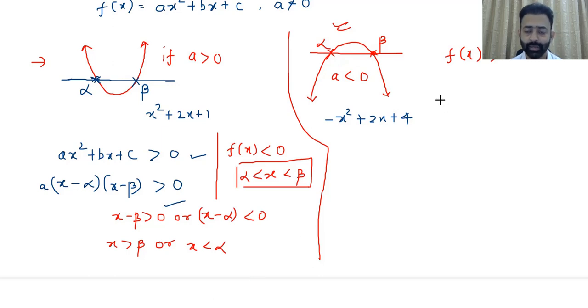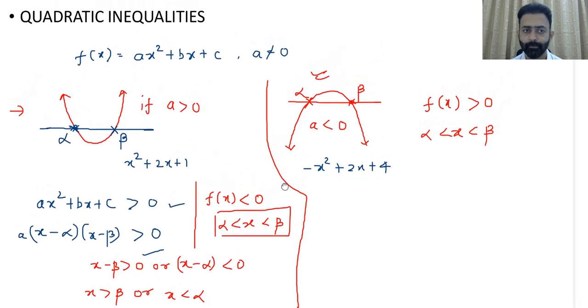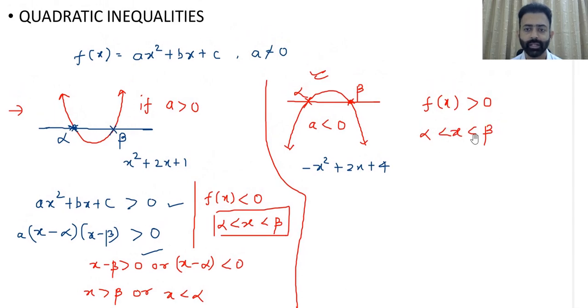So this time for f(x) greater than 0, the solution set will be between alpha and beta.